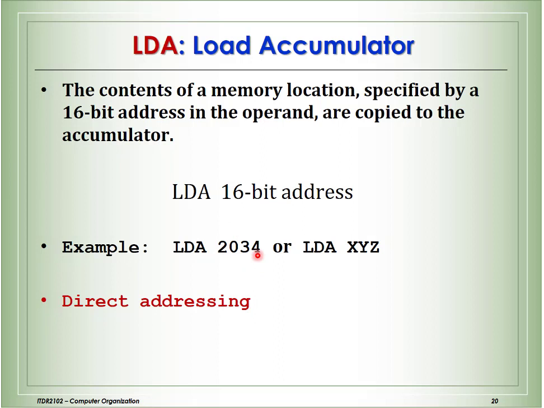You can give a 16-bit address, or you can give a name, and the name has some address in the memory. XYZ can be a memory location, and the contents can be loaded into the accumulator.